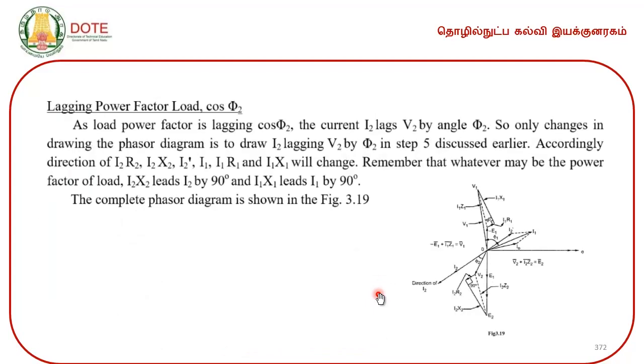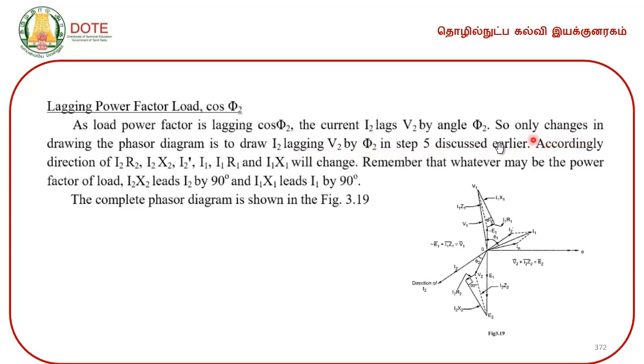Then we will consider the case 2, lagging power factor load cos phi 2. As load power factor is lagging cos phi 2, the current I 2 lags V 2 by angle phi 2. So, the only change in drawing the phasor diagram is to draw I 2 lagging V 2 by phi 2 in step 5 discussed earlier.